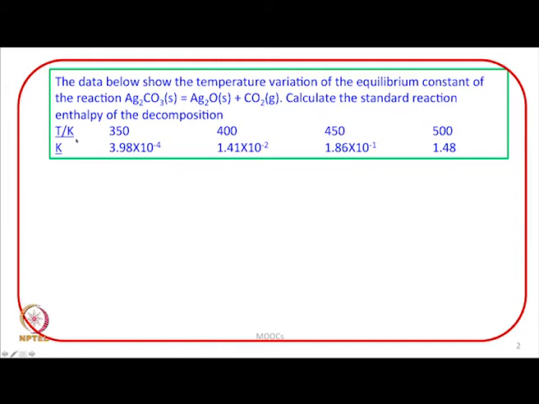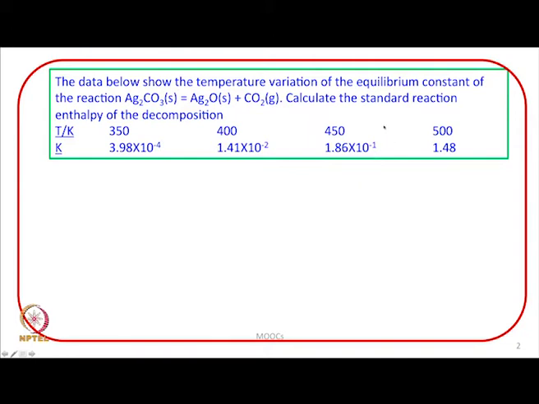Temperature in Kelvin is given and the value of equilibrium constant at these temperatures is also given. Let us carefully look at the information given. The given reaction is this decomposition reaction of silver carbonate, and we have the information on temperature dependence of equilibrium constant.